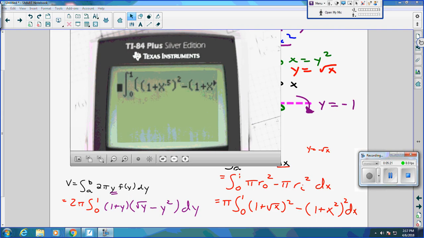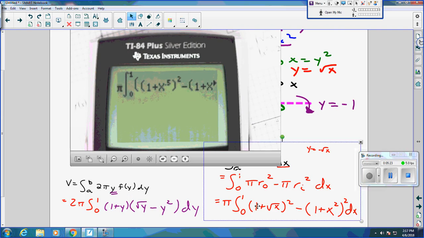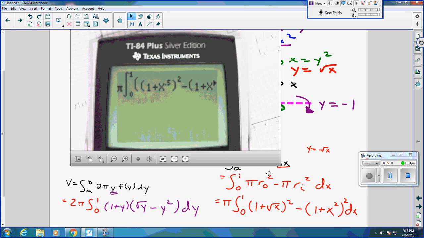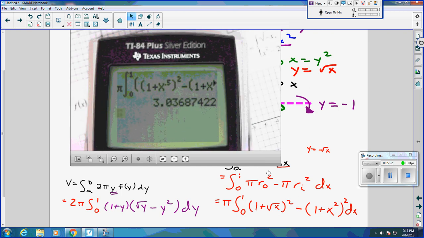All right, so I've moved some equations around, and you'll see over here that this one is the old method with the washer, and I wrote in pi times the integral from 0 to 1 of the outside radius squared minus the inside radius squared. Did it all with respect to x, and then dx in my TI-84, and I push the button, and it tells me 3.03687422.